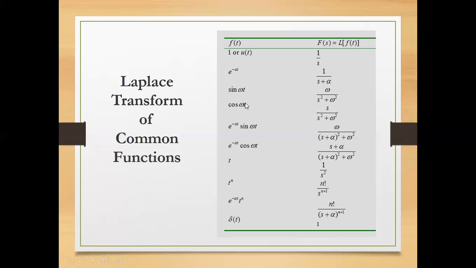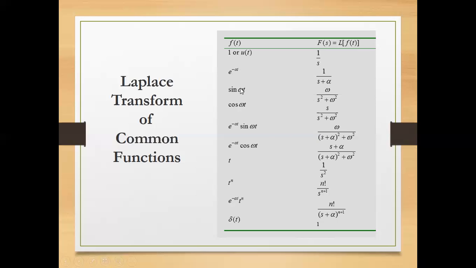The sine and the cosine Laplace transformation look very similar in terms of their answer. They have the same denominator, which consists of the sum of the square of s and the omega, the omega being squared. They only differ in the numerator.